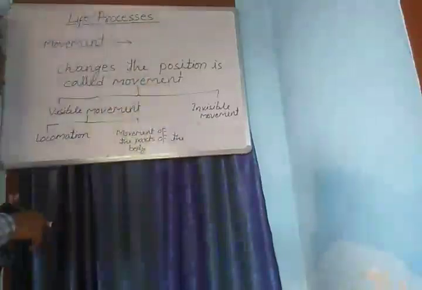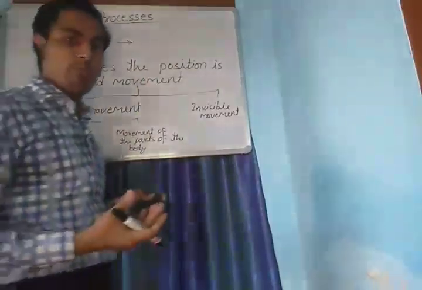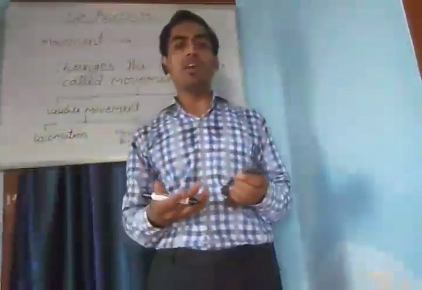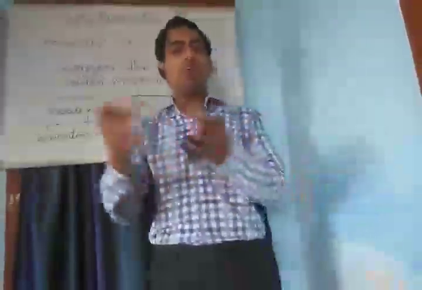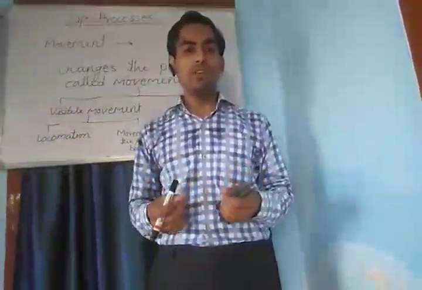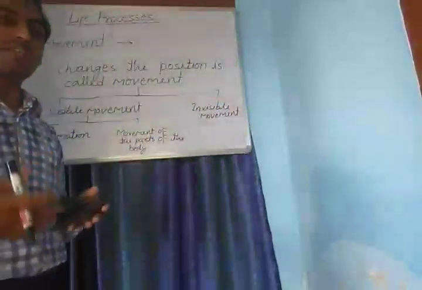Locomotion is a type of visible movement in which the whole body of an organism moves from one place to another. For example, when we are walking, I change my position.